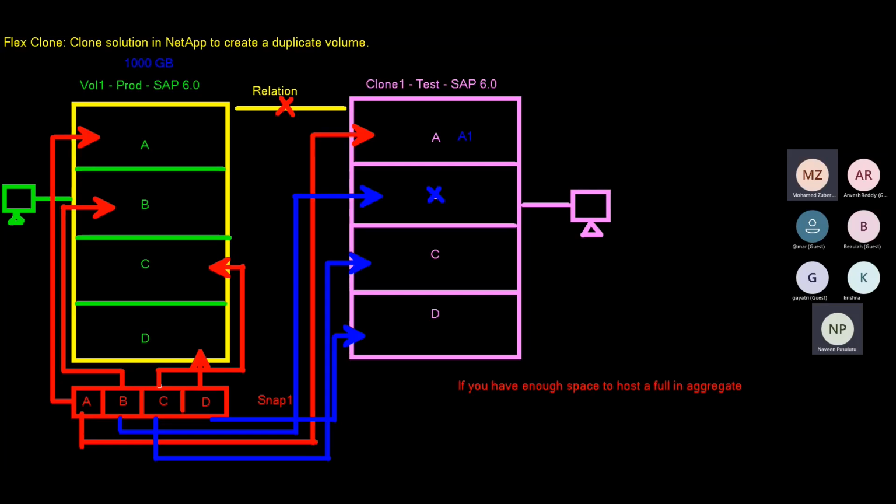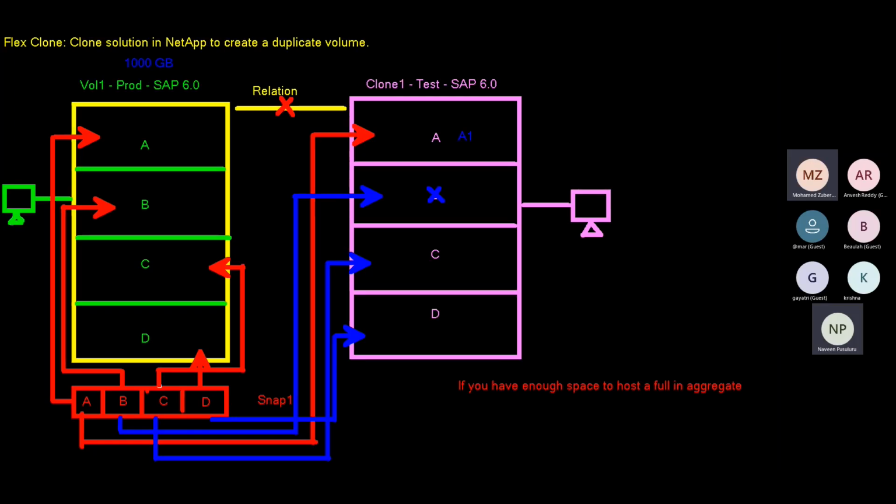Why am I recommending you to delete the relation between volume and clone? Because whenever my client is making changes on the clone, the clone is requesting the data from the snapshot, right? And the snapshot is requesting the data from the production volume, and the production volume is copying the data to the snapshot, and the snapshot is copying the data to the clone. During this procedure, the snapshot size will keep on growing.